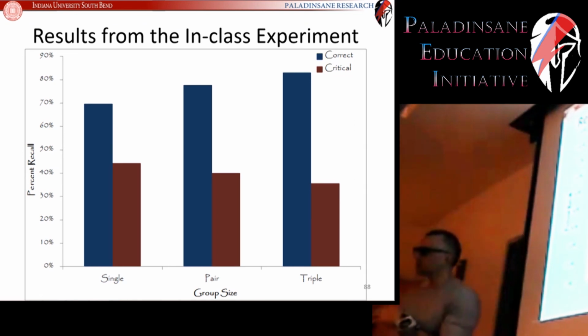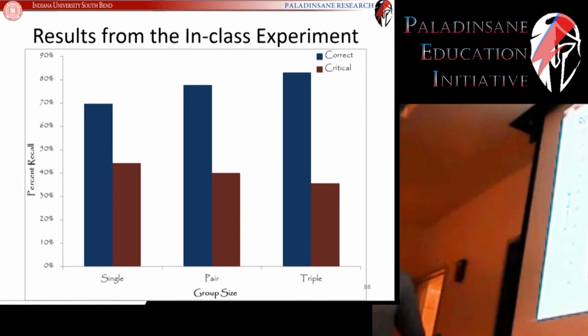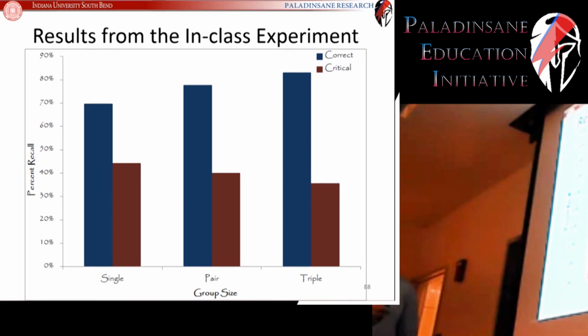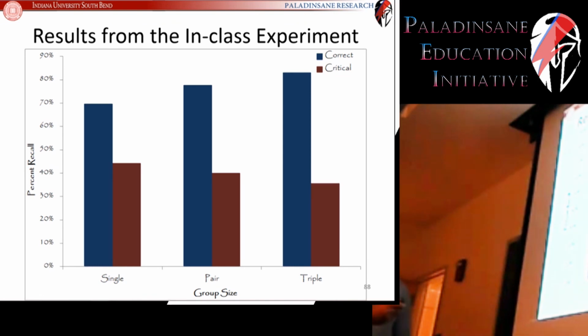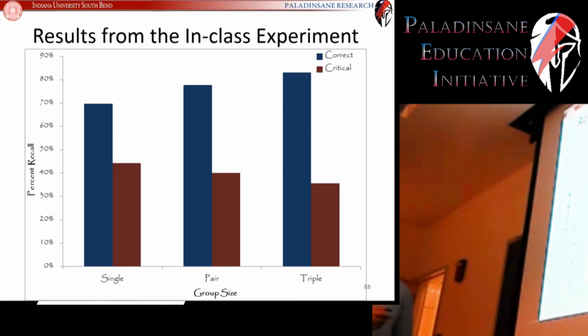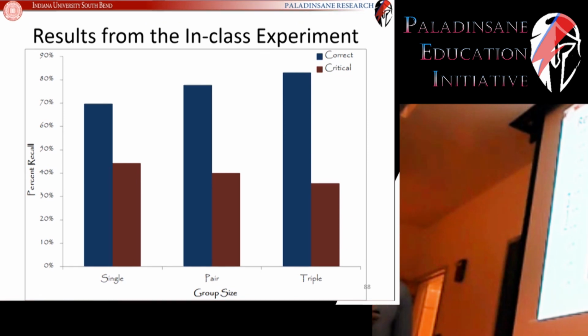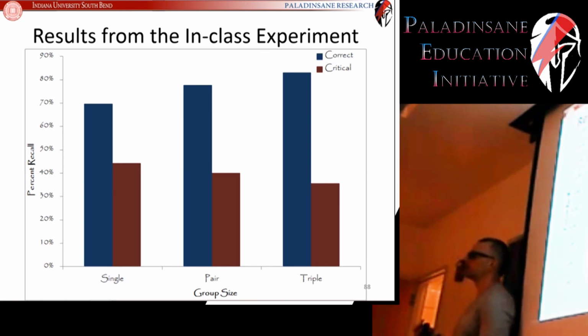Now, if we were to report the numbers for the correct items, if we didn't have statistics, we would say, oh, the single individuals recalled fewer correct items than the pairs, and the pairs recalled fewer correct items than the groups of 3. That's what we would write in the results.